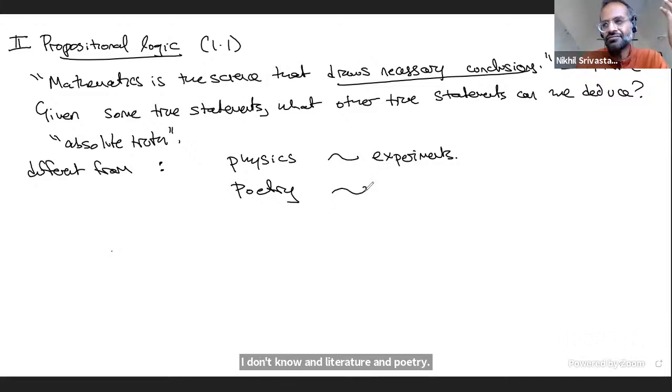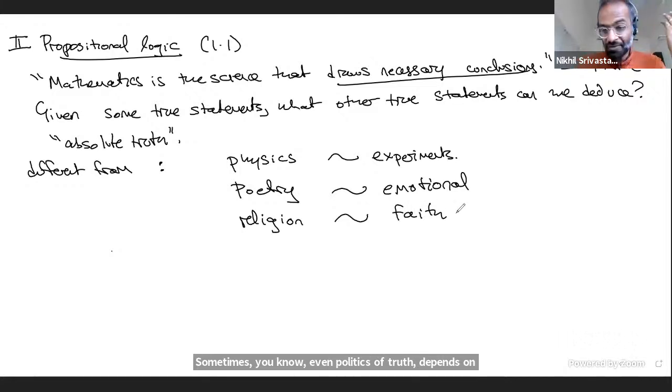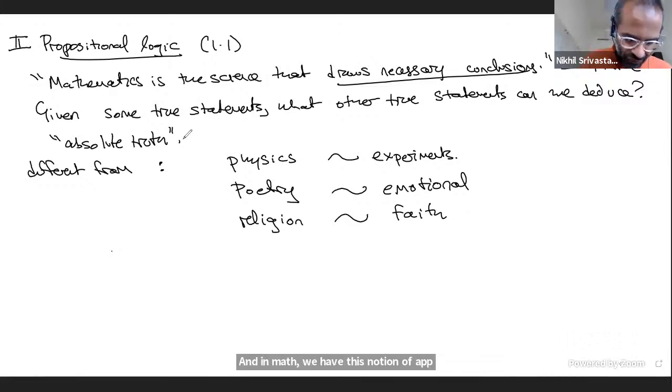In some sense, the truth of a poem is an emotional truth. It depends on how it resonates with the reader. And in other fields like religion, and sometimes even politics, truth depends on some psychological process like faith. And in math, we have this notion of absolute truth that depends on mathematical proof.